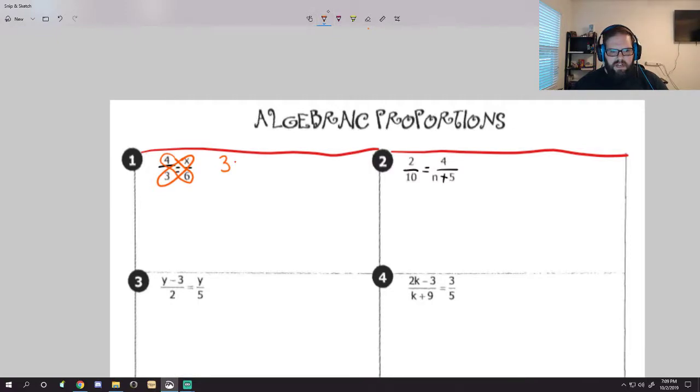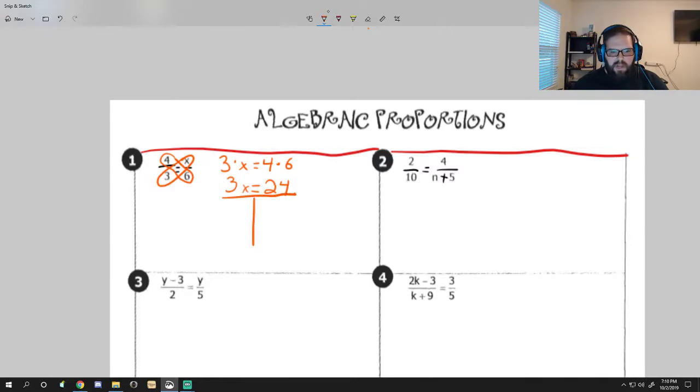So 3 times x equals 4 times 6. All we have to do is solve this. This is our basic algebraic expression, right? We've got a variable on one side. So if we multiply 3 times x, we get 3x equals 4 times 6. 4 times 6 is going to be 24.